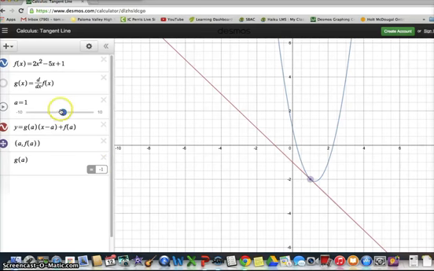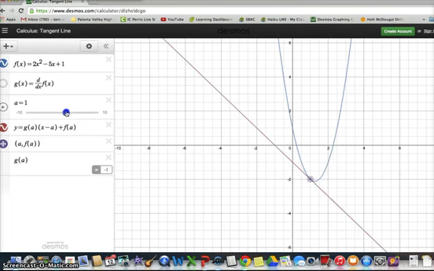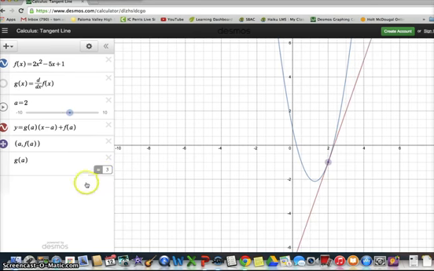And then if I want to illustrate the slope at x equals 2, roll over here to 2, get it right on. There we go. The slope is 3. And if you go back to the previous slide, that's what we got.